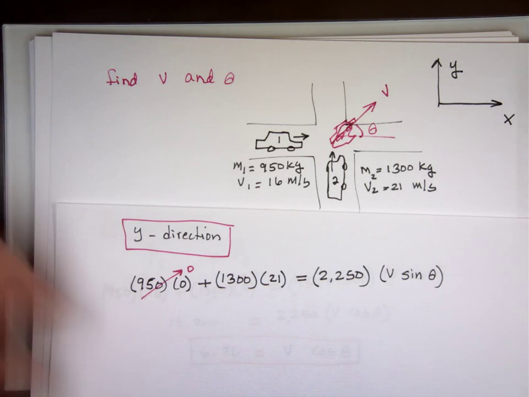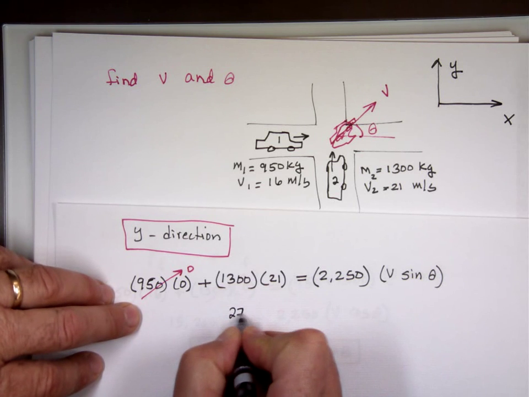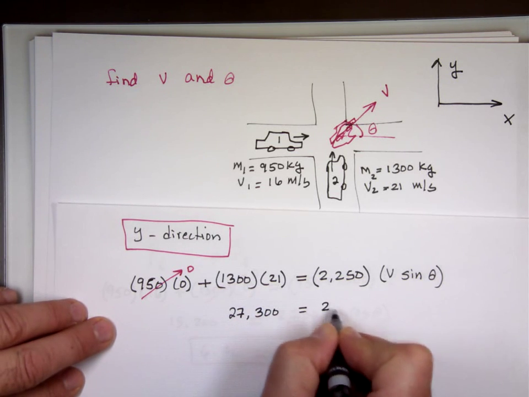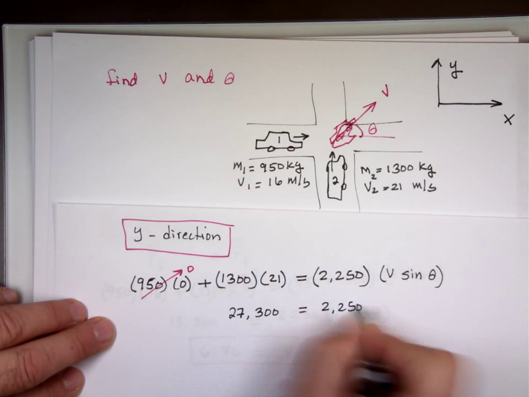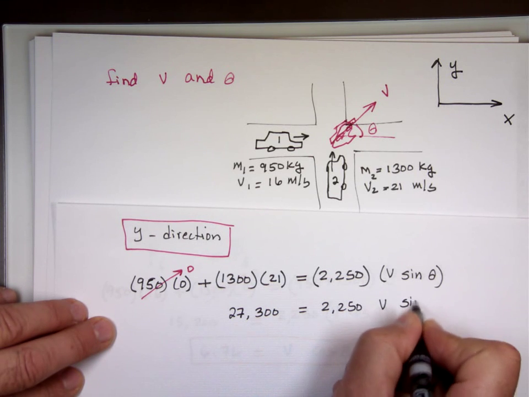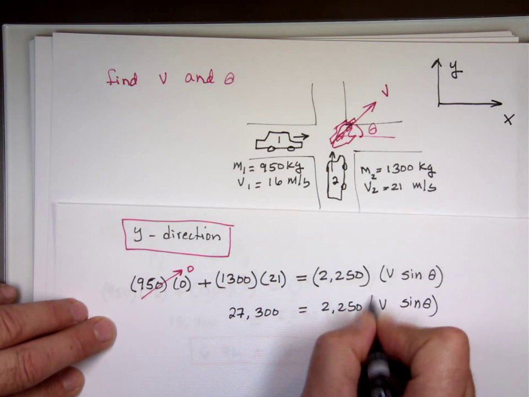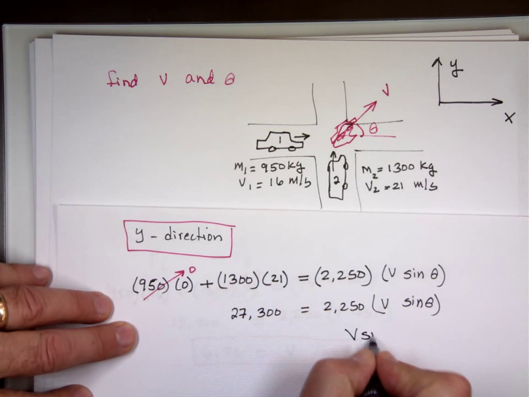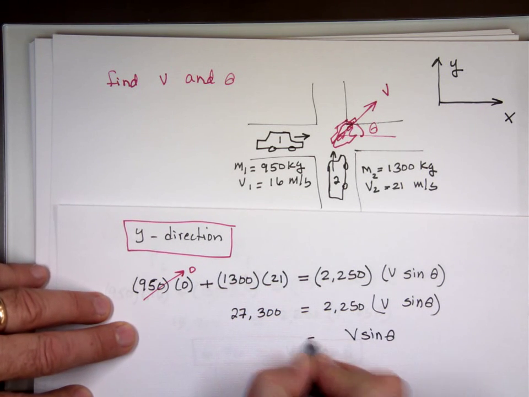27,300 equals 2250 V sine theta. I'm going to divide both sides by 2250. V sine theta equals what? 12.1.